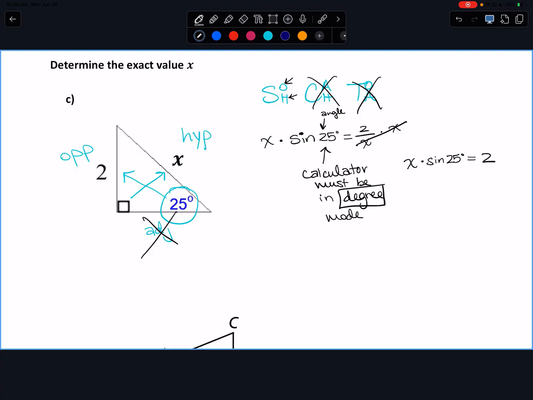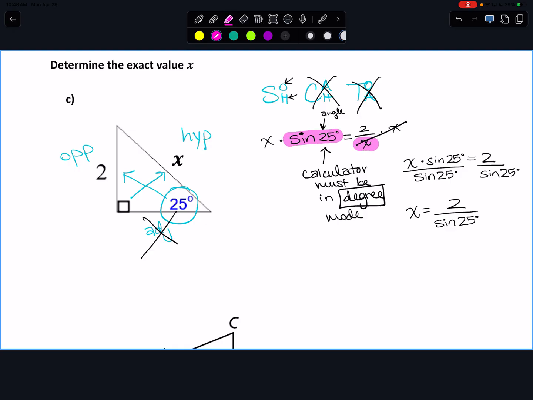How do I solve that for X? X times the sine of 25 degrees equals 2. Divide by sine of 25 degrees. So X equals 2 over the sine of 25. So I don't know about y'all, I start to notice patterns.